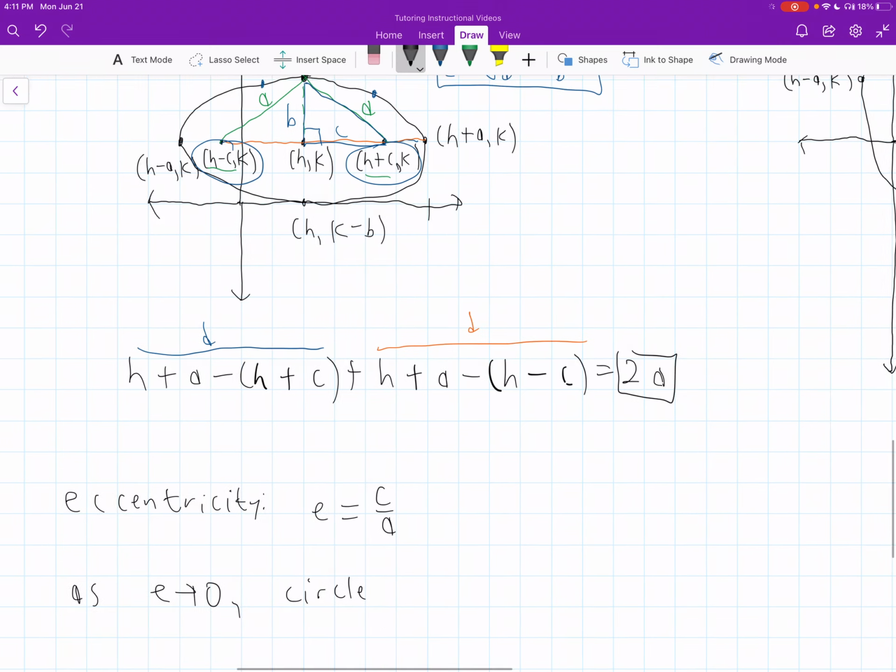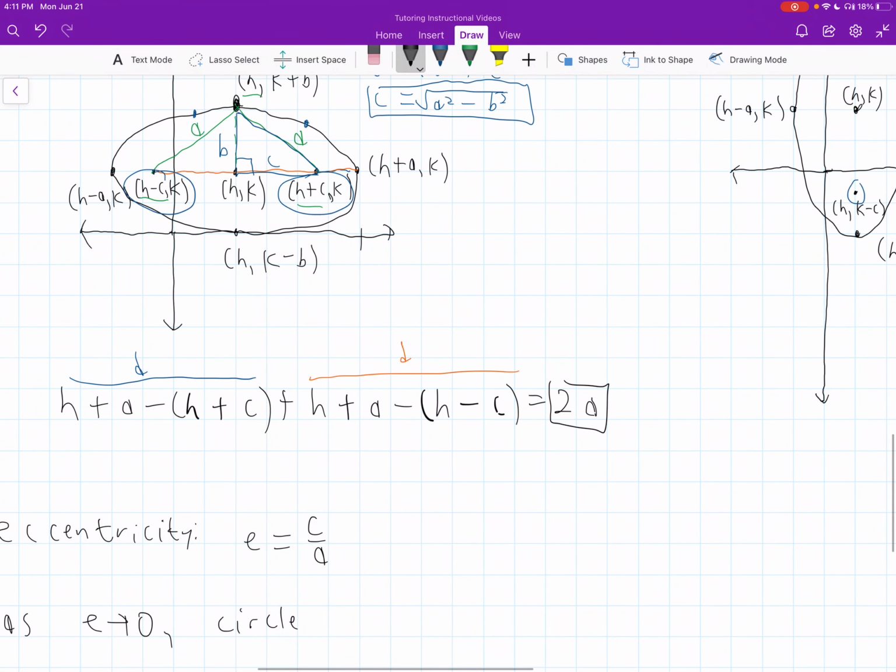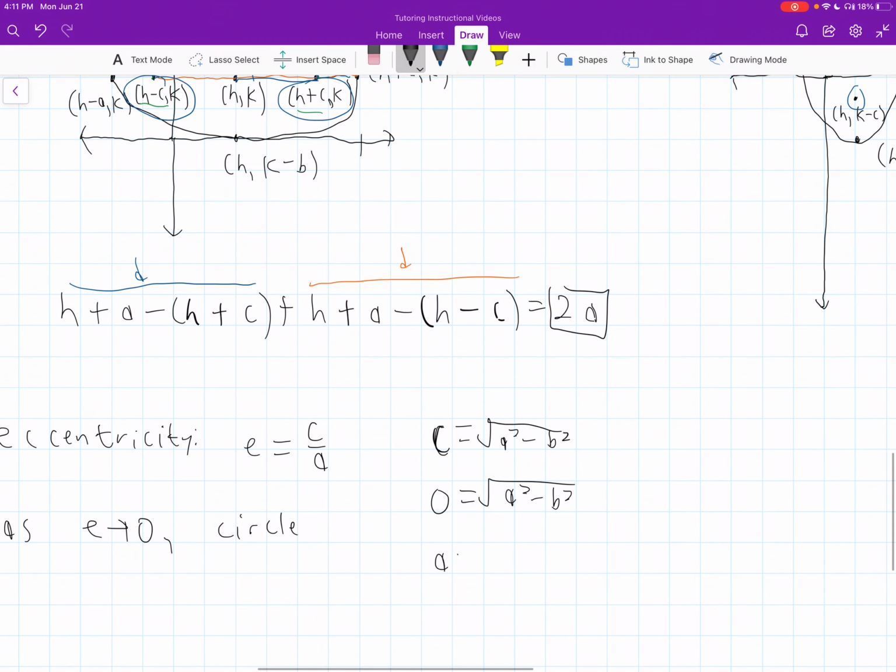This is true because, using our definition, c equals the square root of a squared minus b squared. If we're saying e is 0, that implies c is 0. And if we do that, we would get that a has to equal b.